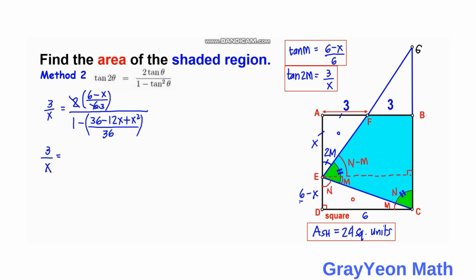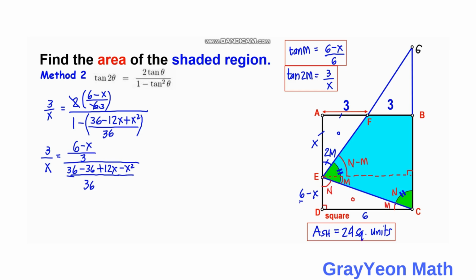It is equal to 6 minus x over 3 divided by this denominator. So we get the LCD, and that is 36 divided by 1 times 1 becomes 36. So minus this, we distribute these negatives, so negative 36 plus 12x minus x squared.